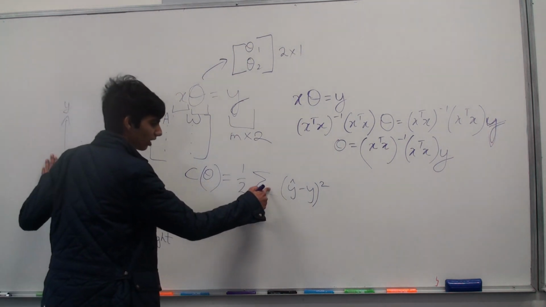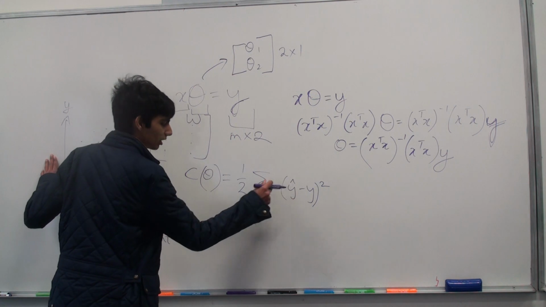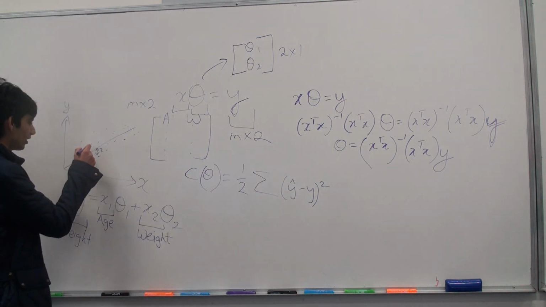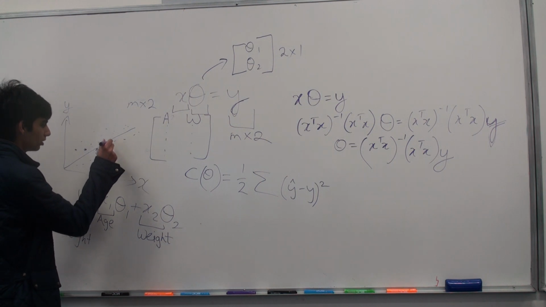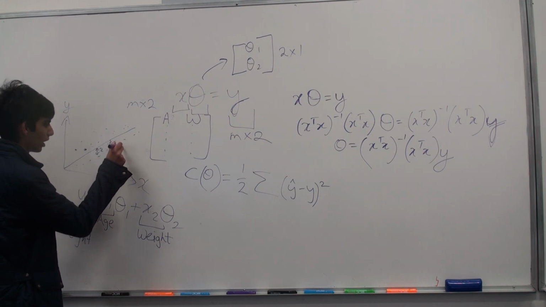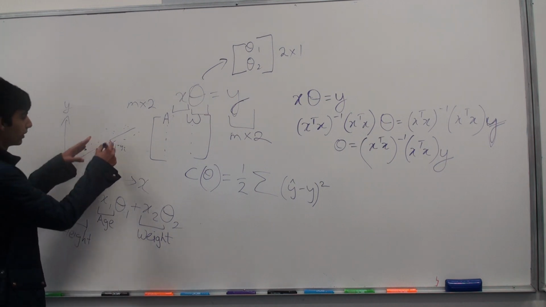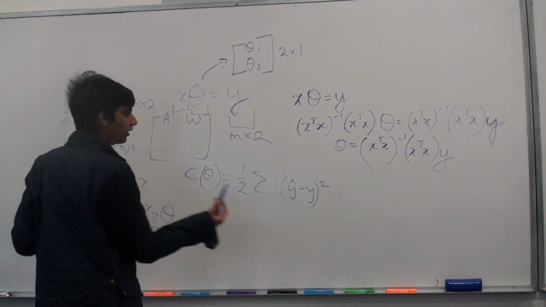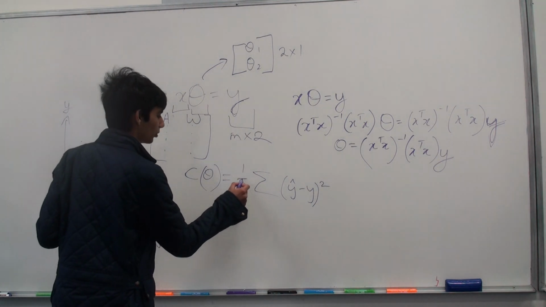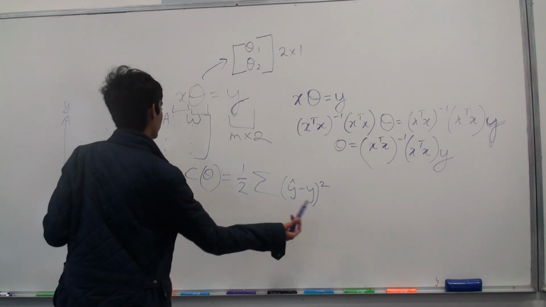So our cost function is, first we take the sum of the square of the distances of each data point from the line. For example, this one is y hat i minus y i, and we square this distance, and then we sum that for every single data point, and then we just half it. I'm going to call this the half squared error.